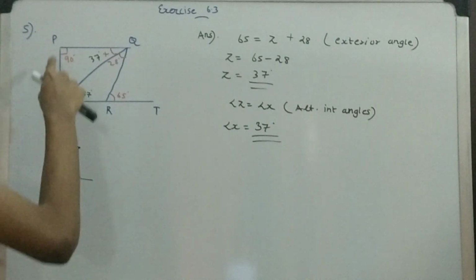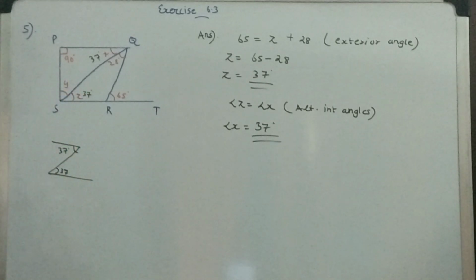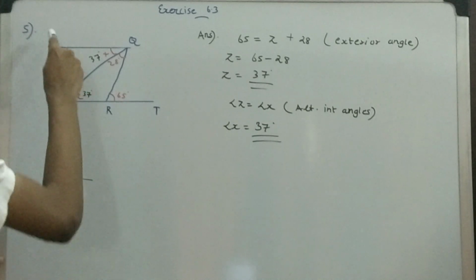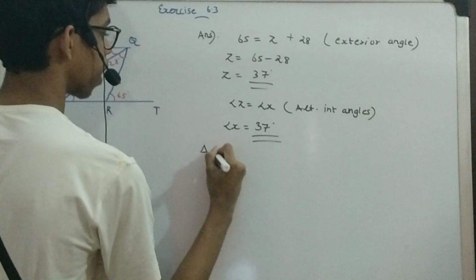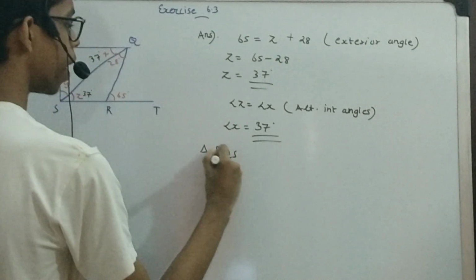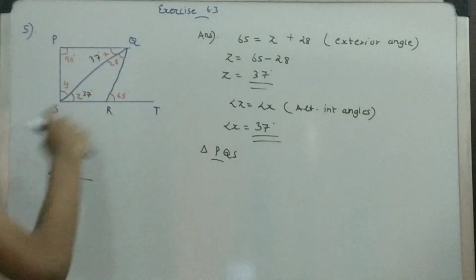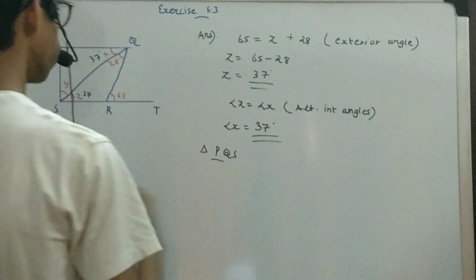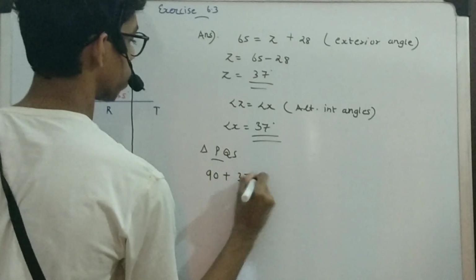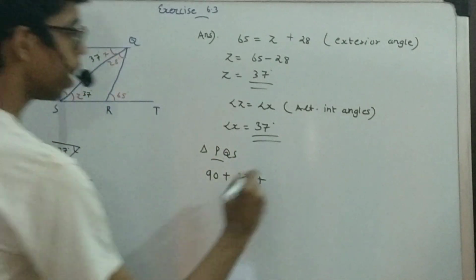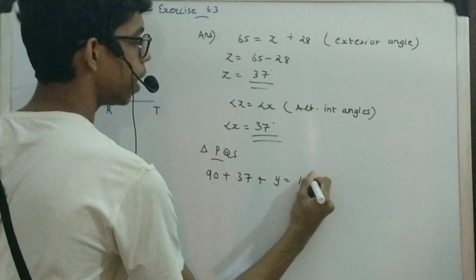Now we need to find the value of y. Okay, so in order to find the value of y, let us consider the triangle PQS. So if we consider the triangle PQS, we know that the angle sum of all these angles will be equal to 180. So from here I can write 90 plus 37 plus y is equal to 180 degree.